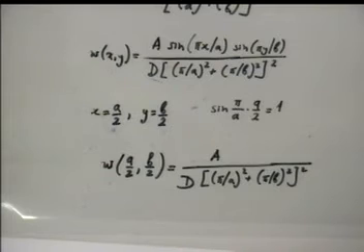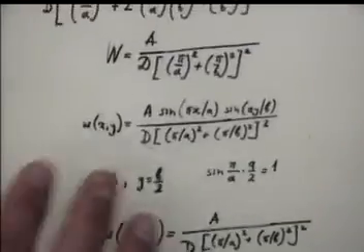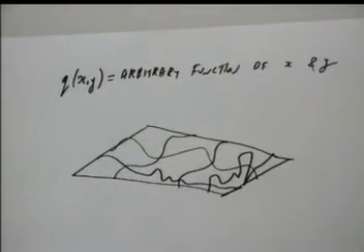So we solved the simplest problem for the plates. There is no problem that is more simple than this. However, we immediately observe that q of x does not have to be such a nice function as I gave you. Q of x can be any type of function.